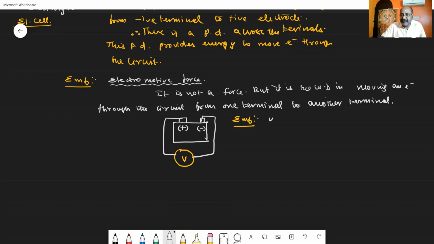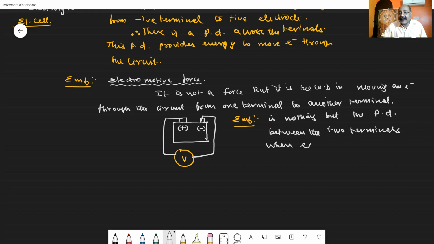EMF is nothing but the voltage difference or the potential difference between the two terminals when no external device or resistor or circuit is connected. So when no external device or circuit is connected, that potential difference between the positive terminal and the negative terminal is called EMF.